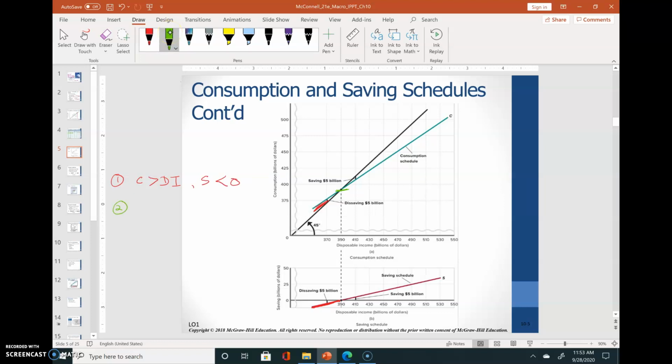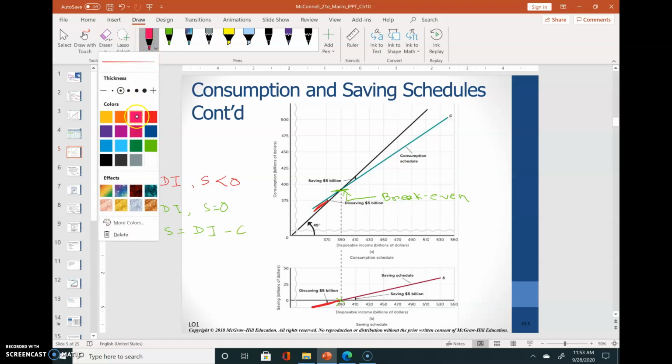Number 2, the point here is when consumption is equal to disposable income. This one is the break-even point. The savings will be equal to 0. Makes sense because savings is equal to disposable income minus consumption.